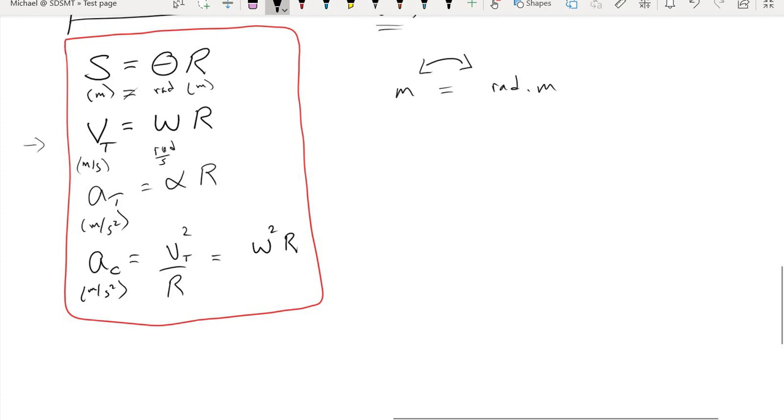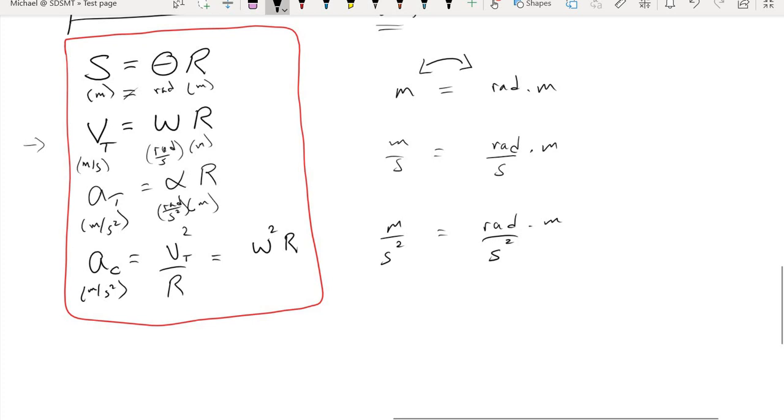So down here we would have seconds, meters, radians per second squared, meters. As we go through the units, we see that it almost looks like the radians have been thrown away in favor of the meters.